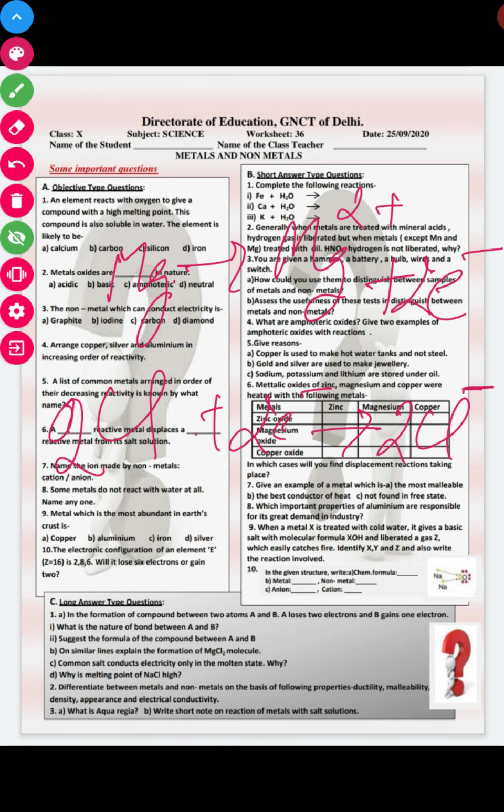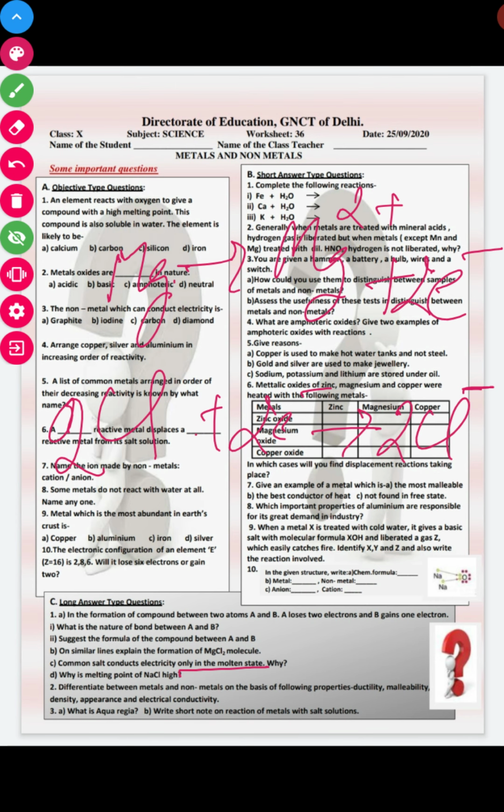Okay, next question: common salt conducts electricity only in the molten state. Why? When NaCl is melted, the ions become mobile as the intermolecular electrostatic force of attraction gets overcome by heating, and due to which, when we apply electricity, they conduct.